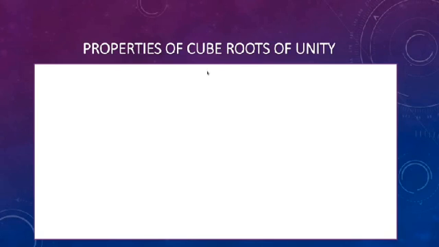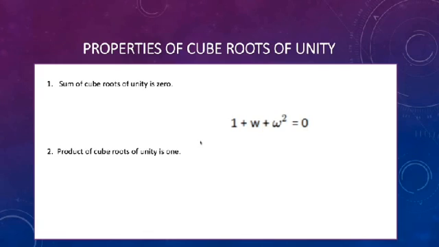The very important property is that the sum of cube roots of unity is 0, meaning 1 plus omega plus omega square is equal to 0. And the second property, which is also very important, is that the product of cube roots of unity is equal to 1, that is 1 into omega into omega square is equal to 1.